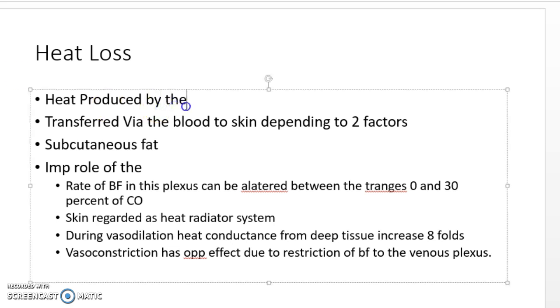So we can say the main organs and muscle. It's going to depend on transferring of heat.